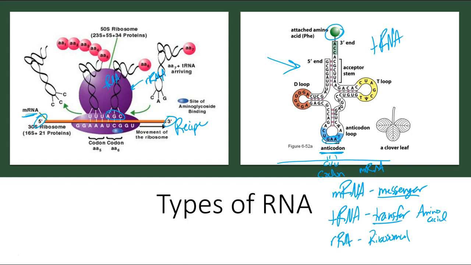Notice though that this tRNA molecule, while it looks 3-dimensional and like a weird cloverleaf shape, still has a 5' end and a 3' end. So you can see that the 5' to 3' is going to go this way, loop around, loop around, loop around, and end at the 3' end. So this is still a single-stranded molecule.